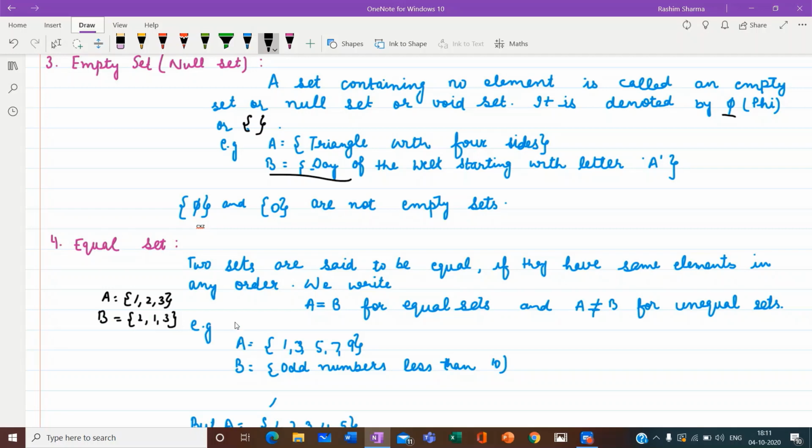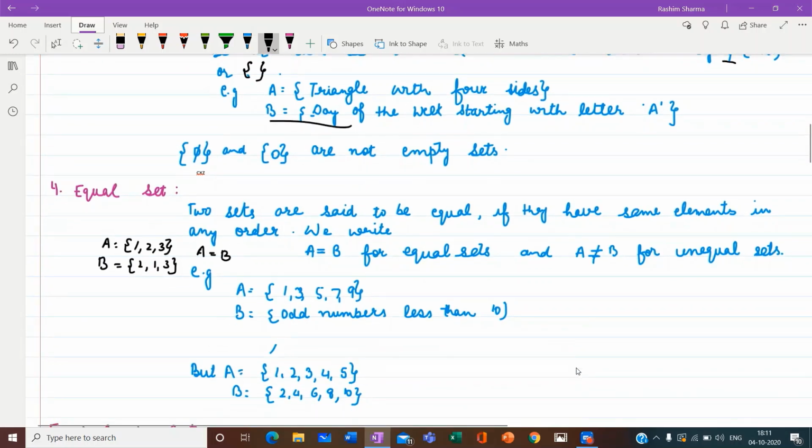So we will say that set A is equal to set B. We write A = B for equal sets, and A ≠ B for unequal sets. This is the sign for not equal to.